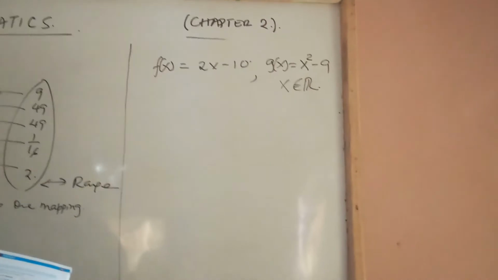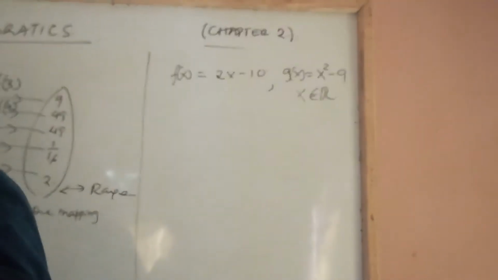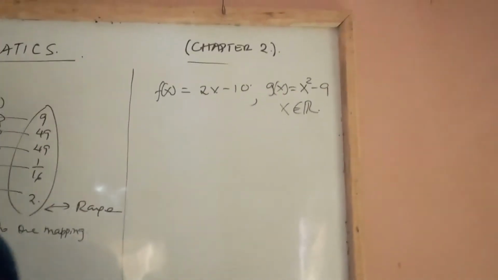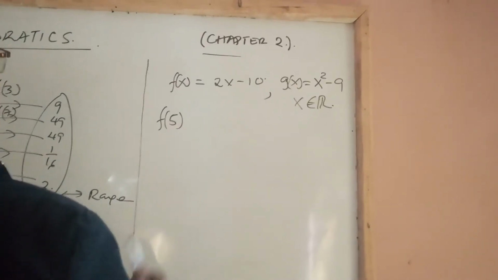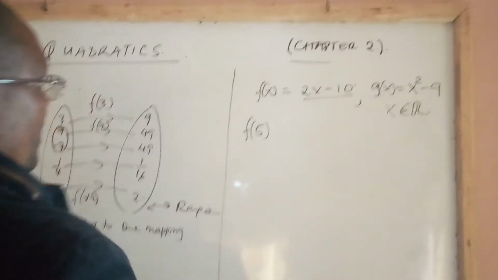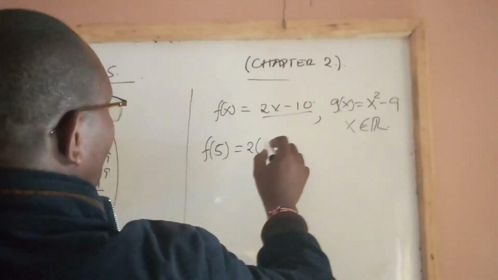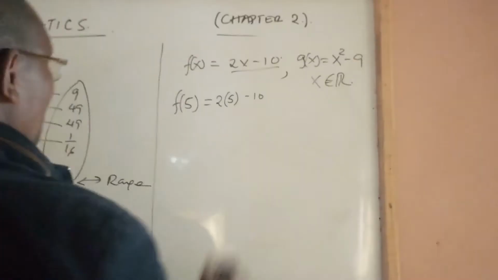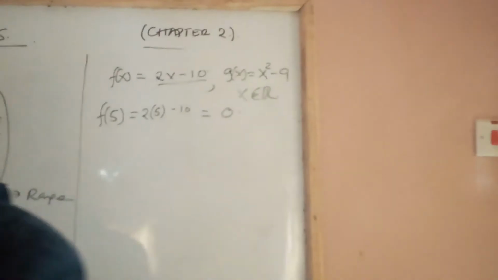So find the values of f(5) and g(10). Let us see. What is f(5)? That means 5 has to go through this process, so x is 5: 2 times 5 minus 10, and you can clearly see that f(5) is 10 minus 10, which is 0.